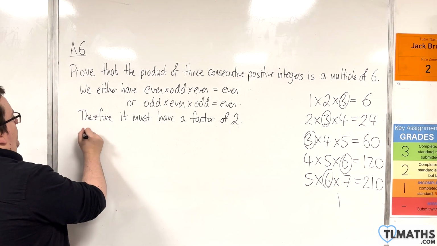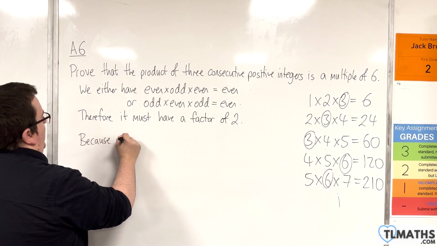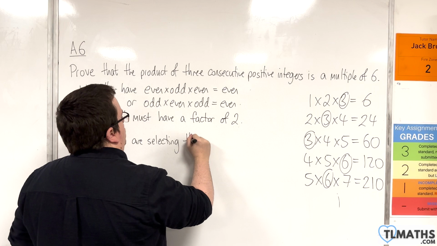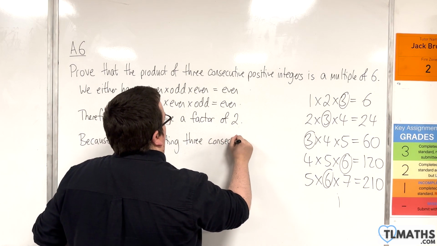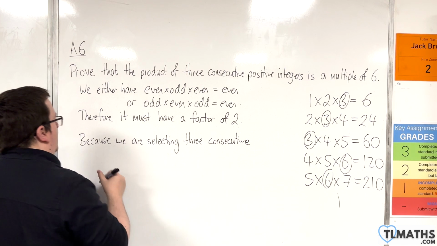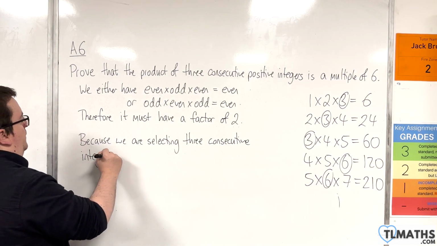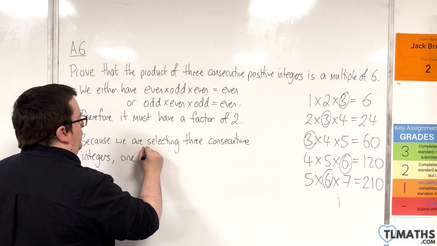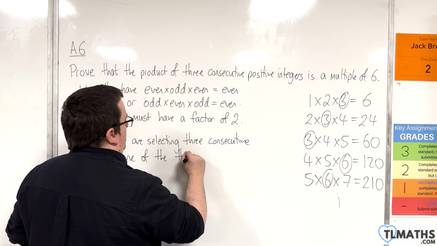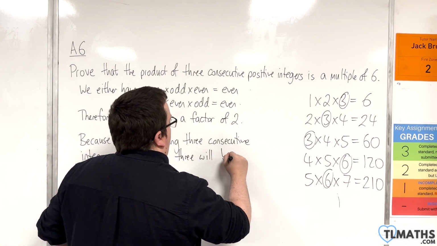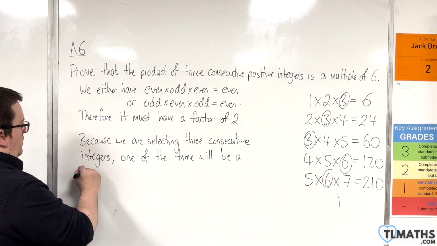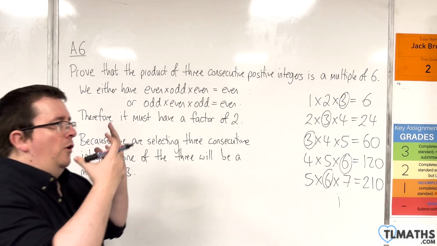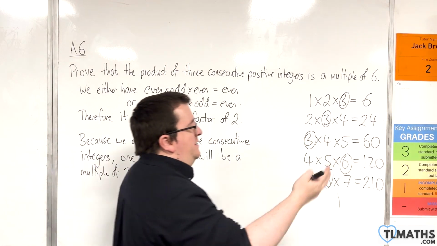So because we are selecting 3 consecutive positive integers, one of the 3 will be a multiple of 3. So one of the numbers of your 3 will always be a multiple of 3: 3, 6, 9, 12, etc.